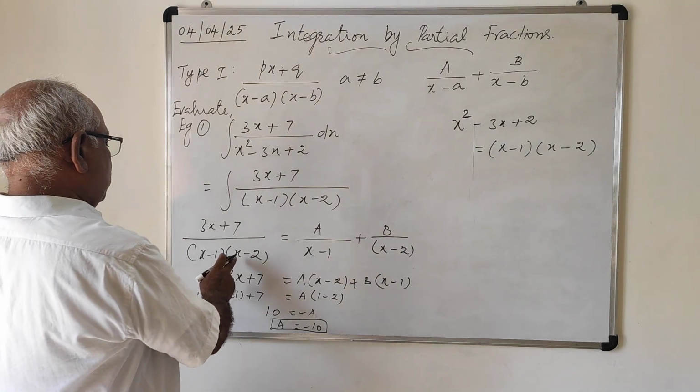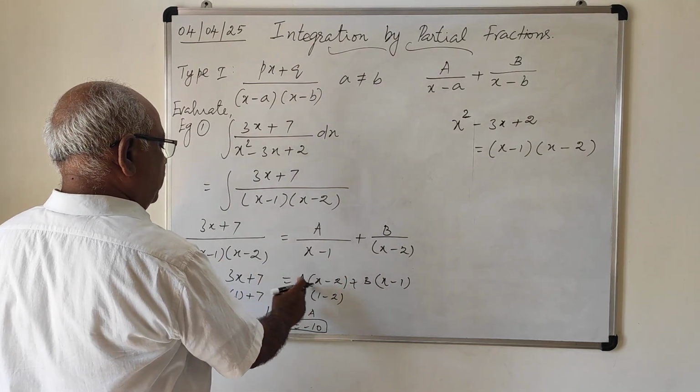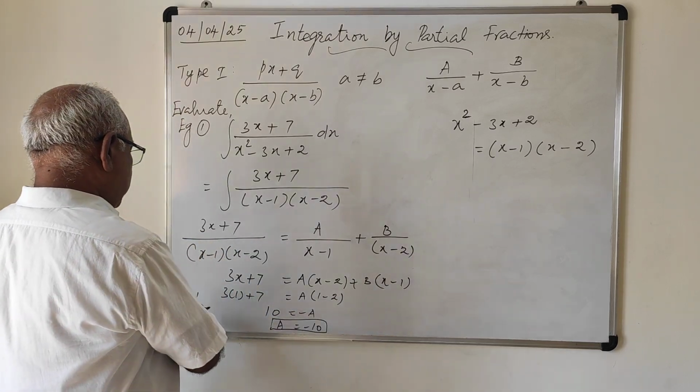Similarly, by substituting x equal to 2, a becomes 0 and you will get the value of b.